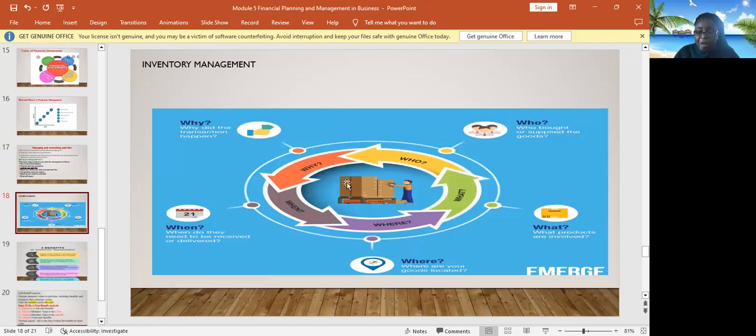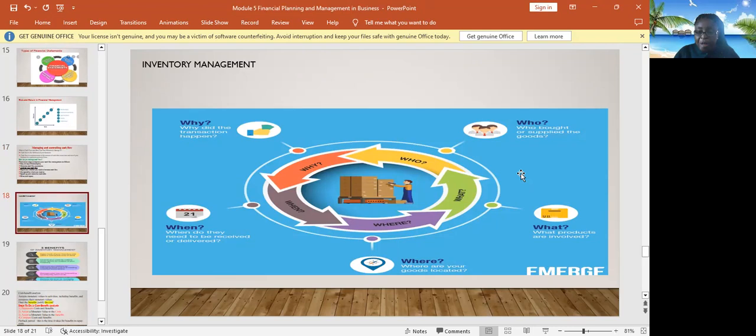Inventory management. How do you manage? In inventory management, we look at why, who, what, where, when. So all these are the key things. Who bought or supplied the goods?